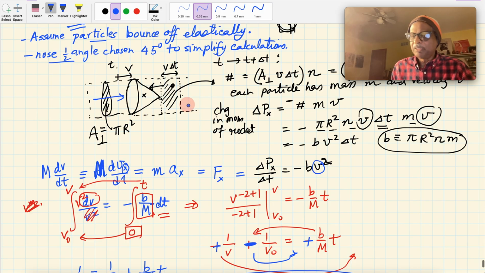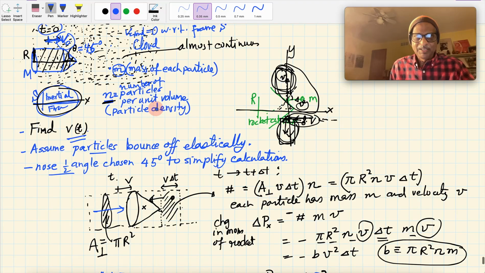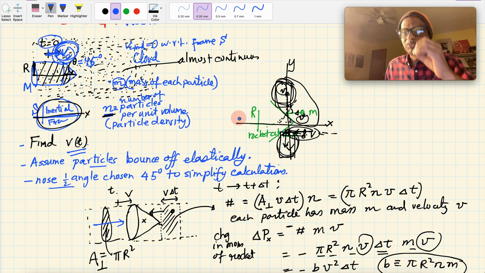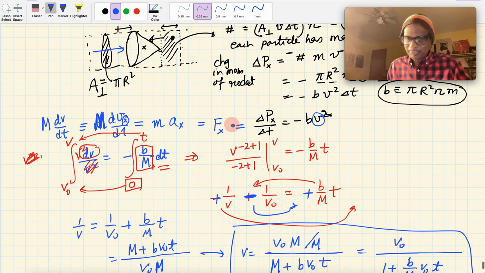If the rocket is to maintain V0 and keep going at V0, what kind of thrust will you need to maintain it? That's a question for you.